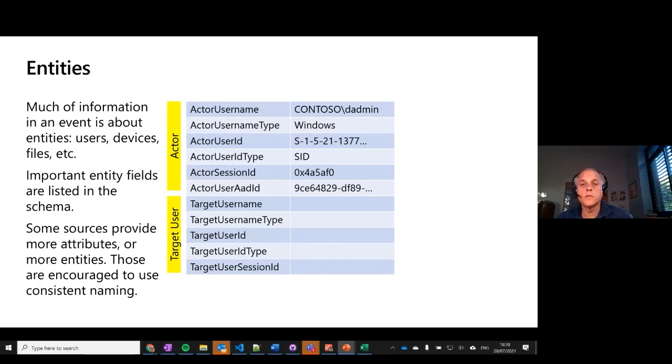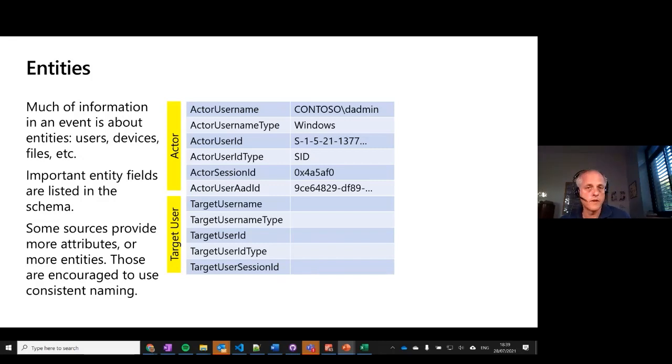We may not document everything. For example, the DNS schema is about DNS requests. DNS requests usually come without a lot. No user information, no process information. Sometimes the source is able to provide, for example, process information if the DNS request is collected on an endpoint. In this case, there is process information that is useful.